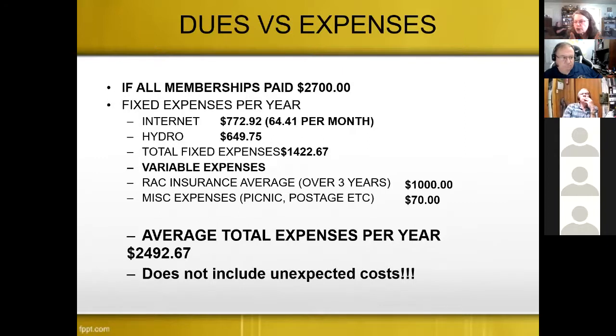So over a 3-year average, say $1,000. Miscellaneous expenses, you know, picnic expenses, postage, that kind of thing, $70. So our average total expenses for the year is usually $2,492.67, and that does not include any unexpected costs. This is why it's so vital that the membership pay in a timely manner, so we have the money in the bank to cover this stuff. And the next slide, please.